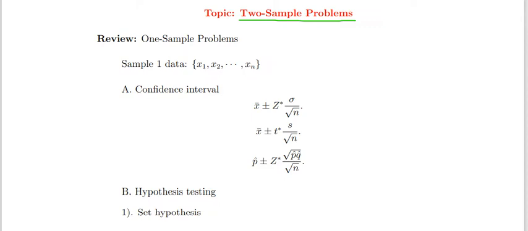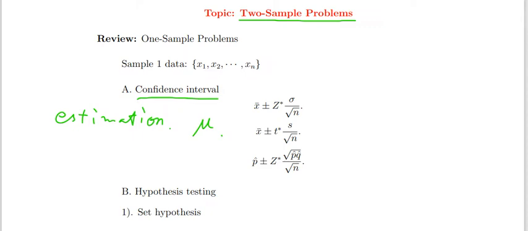The first one is estimation. From this data, we want to estimate the population's mu, the population's average. So we have this kind of problem: find a confidence interval for mu, for the population's average.